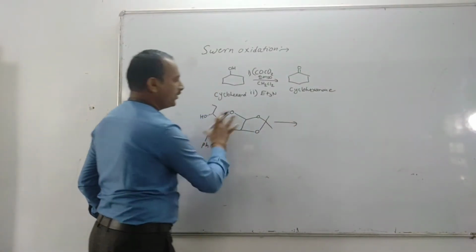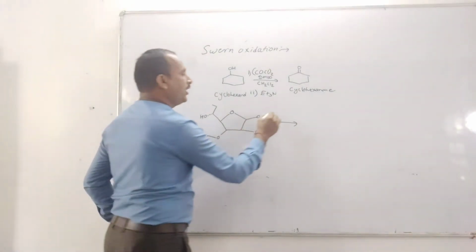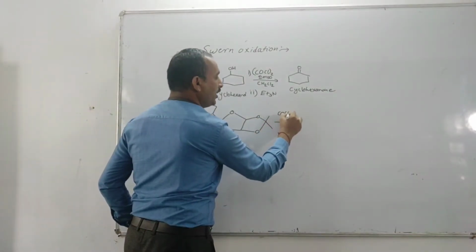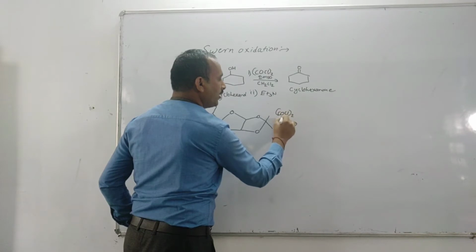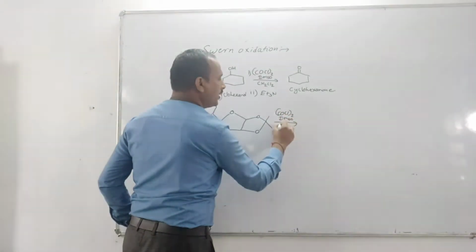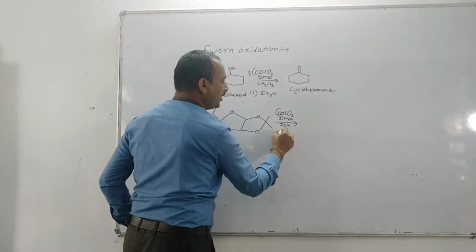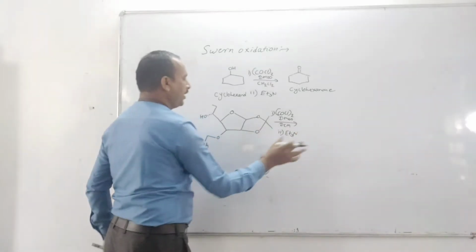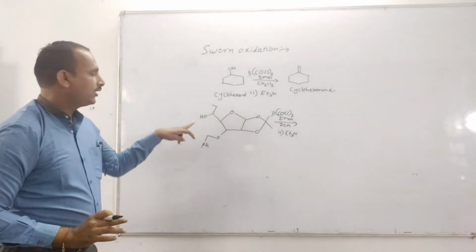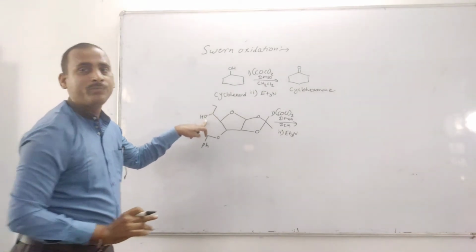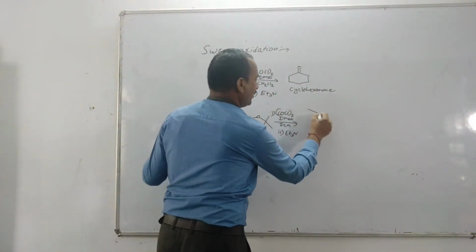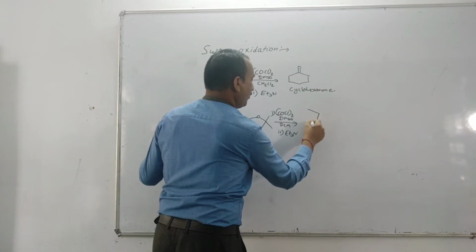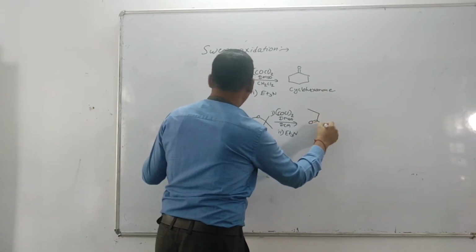Okay, this type of reactant. Again here, by using oxalyl chloride, DMSO, DCM, and secondly triethylamine, it gives a ketone. Now this secondary alcohol is oxidized to a ketone.